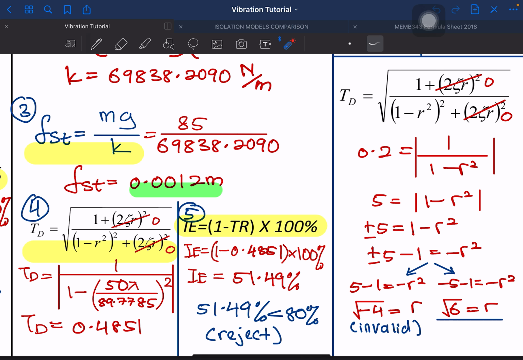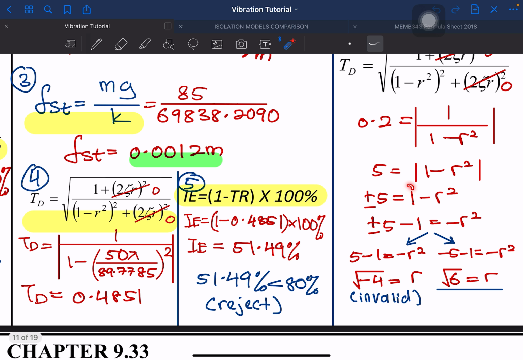So, I bring 1 to the other side. 1 divided by 0.2, you get 5. You'll be left with this. But remember, if you bring the modulus to the other side, because we want to solve for r, it will become plus minus. Then 1 brought to the other side becomes negative 1. So I can separate this into two equations: positive 5, and negative 5.